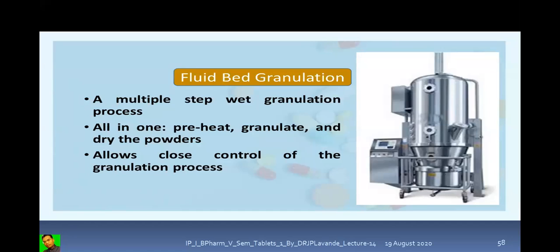So it is a multiple step granulator. This is the wet granulator that carries out all the different steps. That's why it is said to be a multiple step wet granulation process, and this can be carried out in the fluidized bed granulator. The process is said to be fluidized bed granulation.